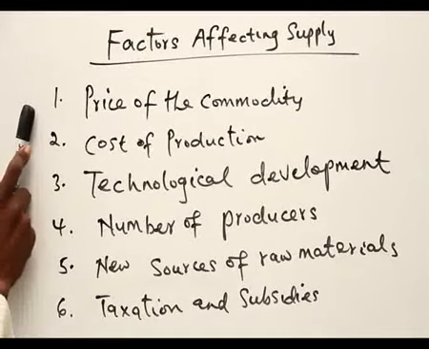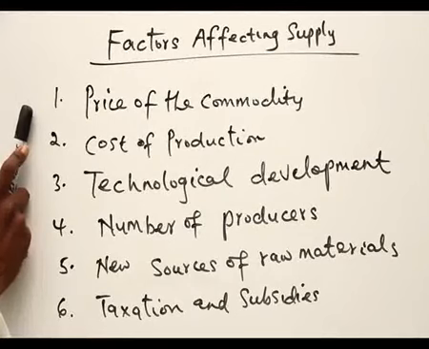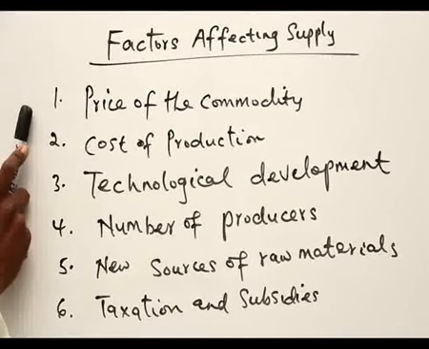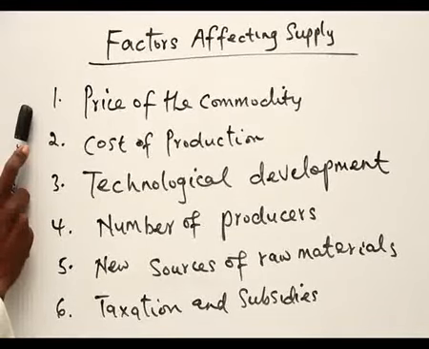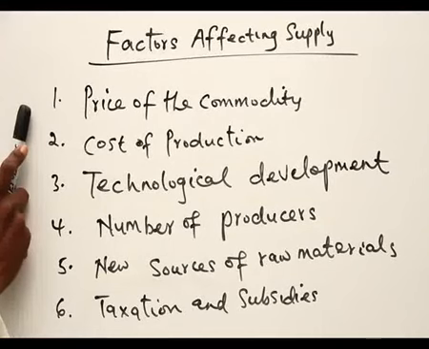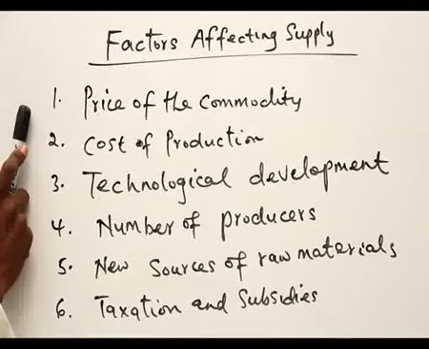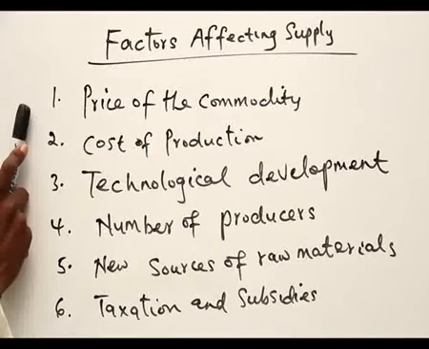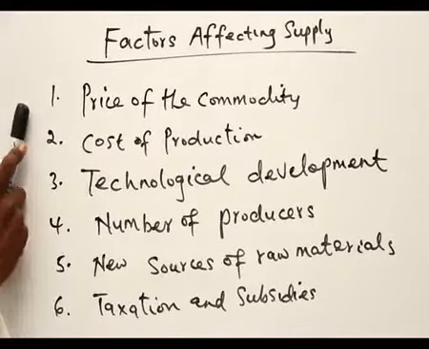So here, as the price increases, quantity supplied too will increase. So there is a direct relationship between the price of the commodity and the quantity supplied of the commodity. So price of the commodity affects supply directly. An increase in price will motivate the producer to take more to the market. A decrease in price will discourage the producer from taking more to the market.